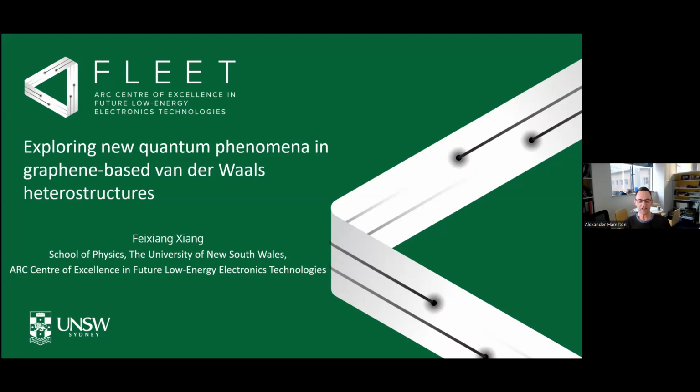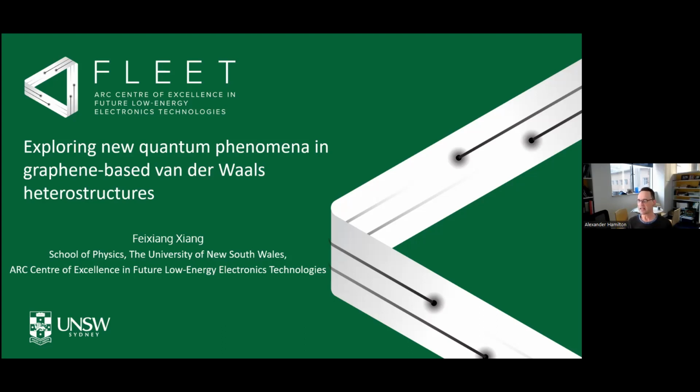So it's a great pleasure to introduce Dr. Feixiang Xiang. Feixiang did his PhD and Masters at the University of Wollongong under the supervision of Professor Du and Professor Xiaolin Wang. And he did some pioneering work on tungsten ditelluride, which many of you know is a 2D transition metal dichalcogenide, which has some very interesting and exotic properties.